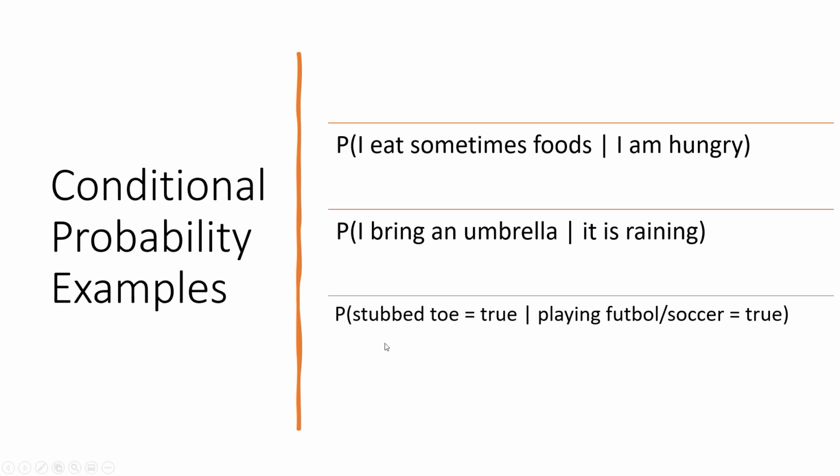And another one is the probability that I have a stubbed toe given that I am playing football or soccer, depending upon what part of the world you're in. So these are all examples of conditional probabilities. And what's important to know about conditional probabilities is that it really is focused on this first part given this second part.